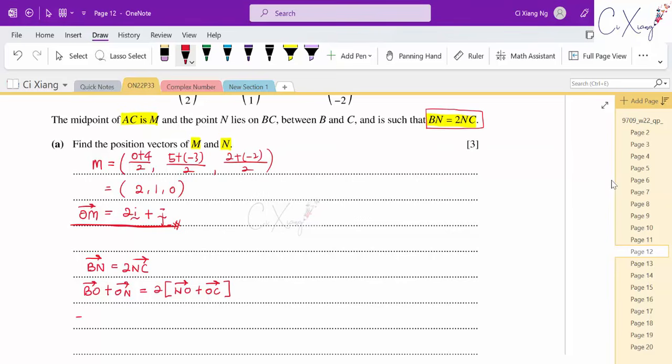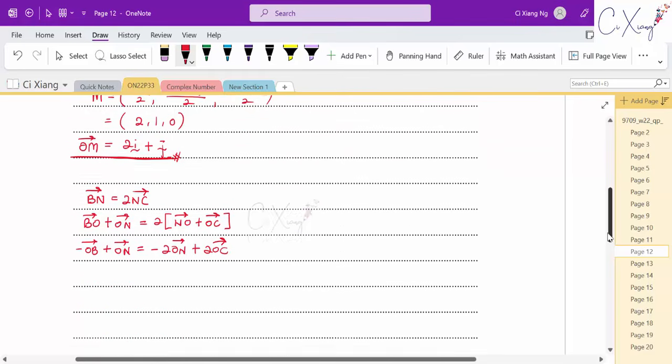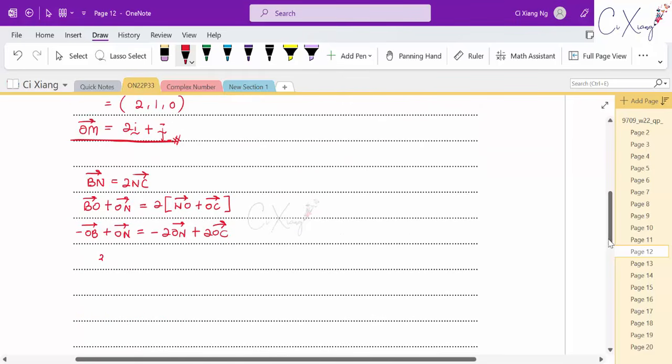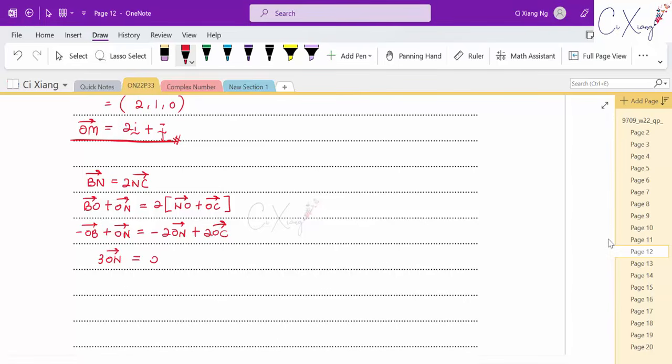Okay, then I try to change everything into the position vector formula. So I'm having negative 2ON plus 2OC. To get the position vector for ON, I group all the ON together. And I'm having OB plus 2OC.